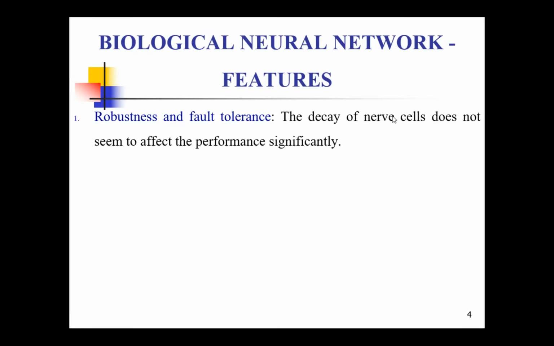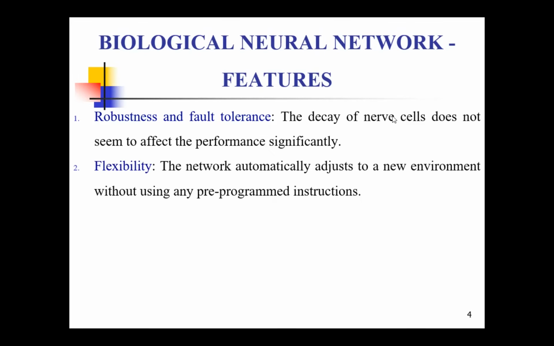There will not be any significant difference in the performance, even because of some age-related or other factors, even when there is nerve cell decay. But in the case of artificial neural networks, if there is any system-related degradation, obviously the performance level will decrease.